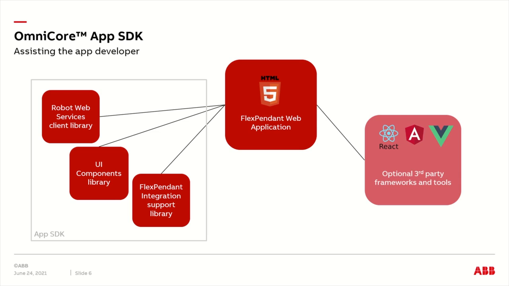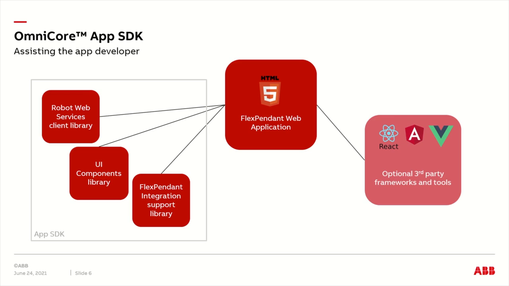First, there is a Robot Web Services client library for JavaScript, which hides a lot of the complexity of using Robot Web Services directly. Second, there is a UI components library, which can be used for creating UI widgets similar in look and feel to those used natively within the Flex Pendant shell.